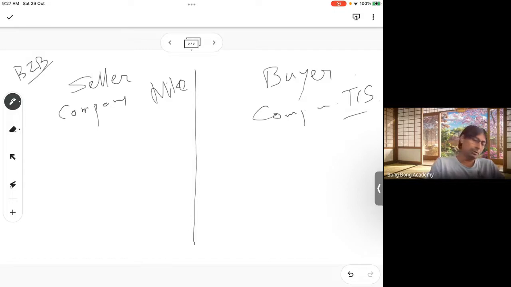So they will place an order with Nike. There is a salesman in Nike who comes to TCS and does the deal of 200 caps and shoes. Maybe Reebok is also chasing that same deal, right? Reebok also wants to get that. So there are two companies here competing with each other. We'll talk about this. So the selling company is Nike in our instance. So who do you think will use Salesforce, the seller or the buyer?